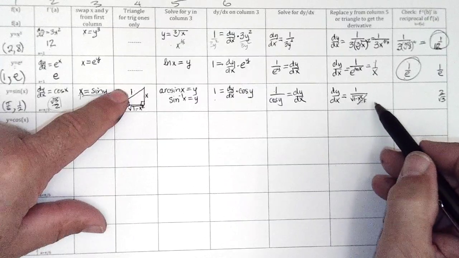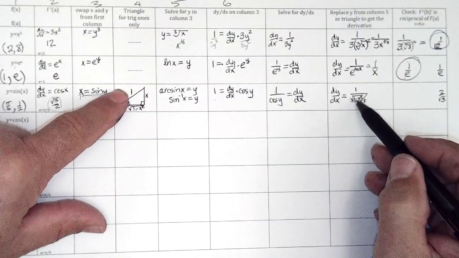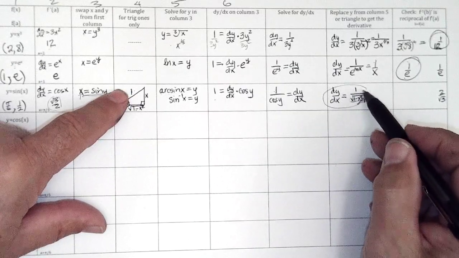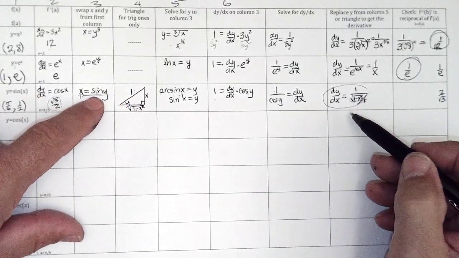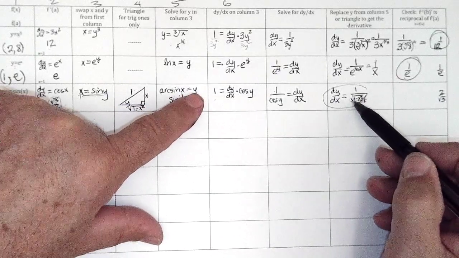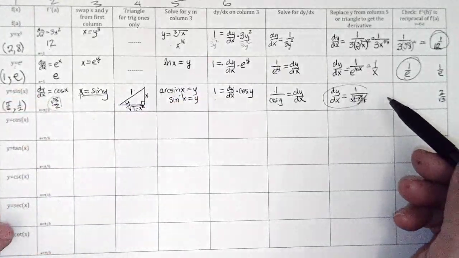This one doesn't matter, so that's the cosine. We get 1 over that. That is the derivative of arc sine. Derivative of arc sine is 1 over the square root of 1 minus x squared.